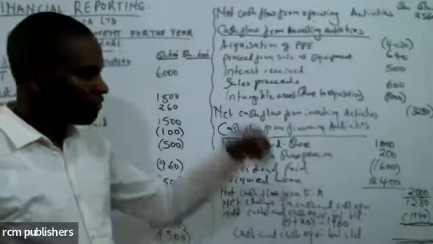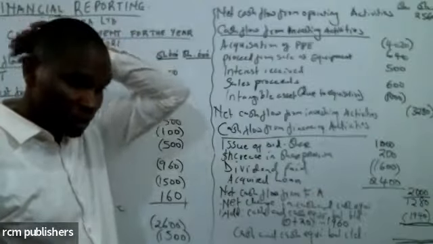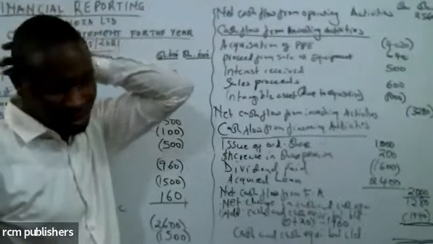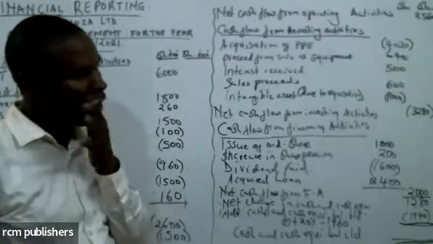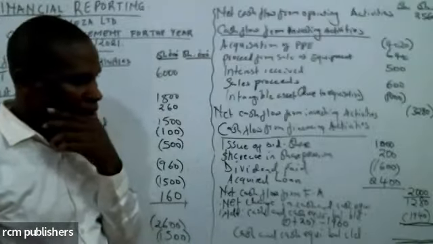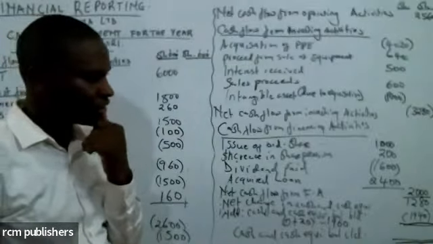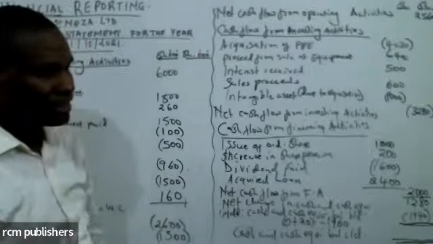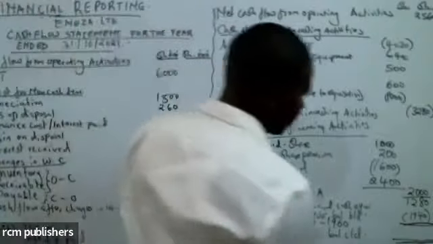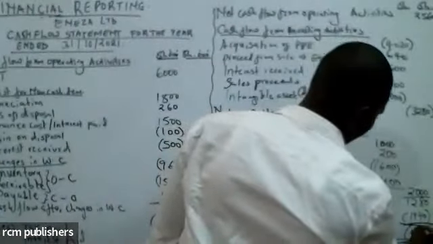So how much are we having? 1280 minus 1940. What are you getting? It will be a negative 660. Negative 660.